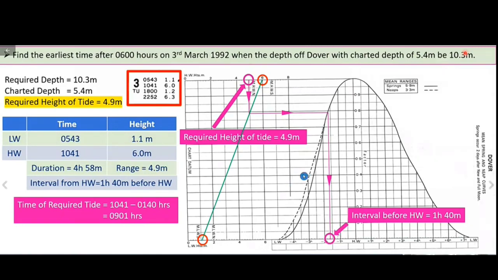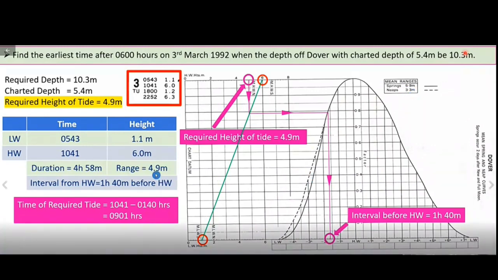You will see you have a dotted line curve and you have a solid line curve. So where do we stop our horizontal line in this case? In such a case, beta, remember the dotted line represents a neap range of 3.3 meters, and the solid line represents a range of 5.9 meters.